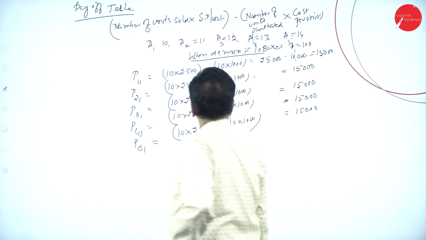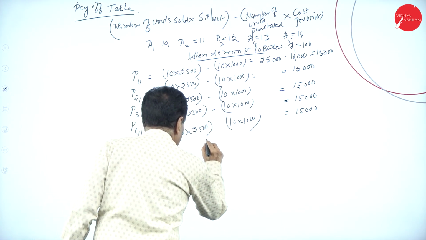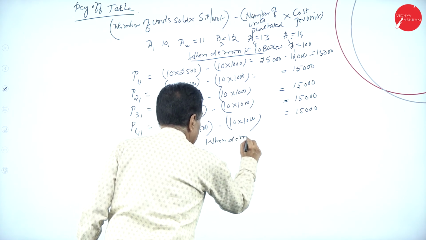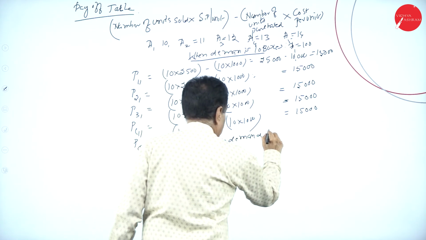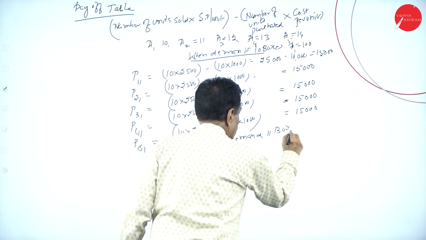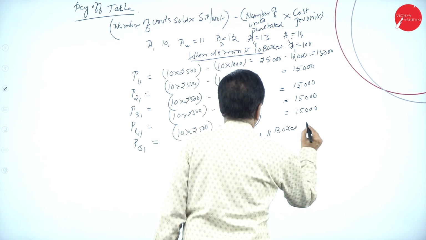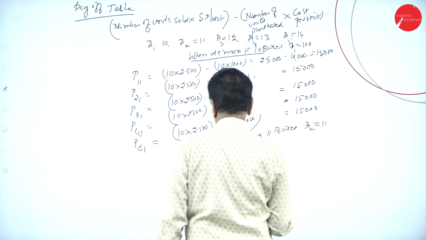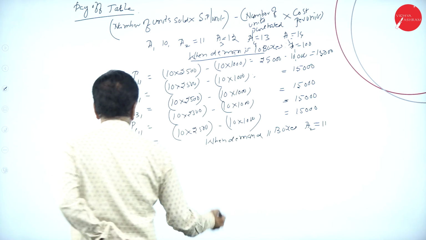Then when demand is 11 boxes, that is A2 is equal to 11, you have to write here.